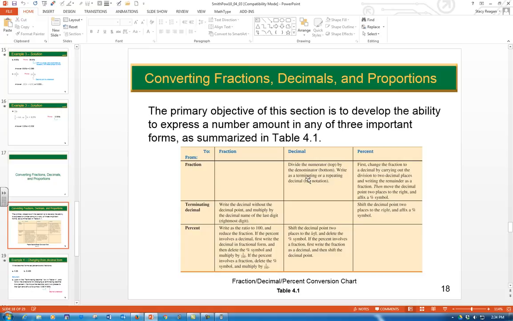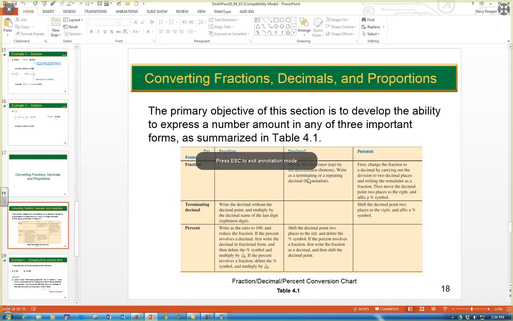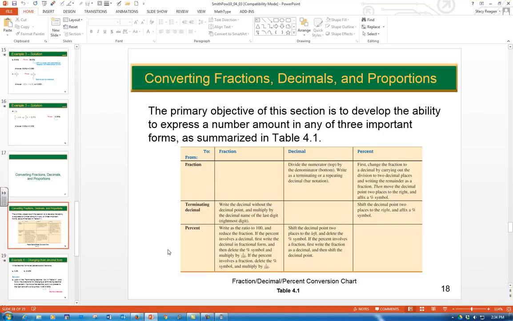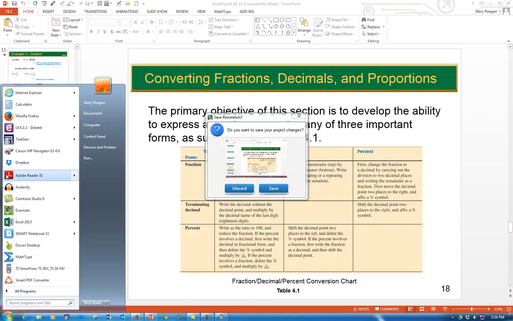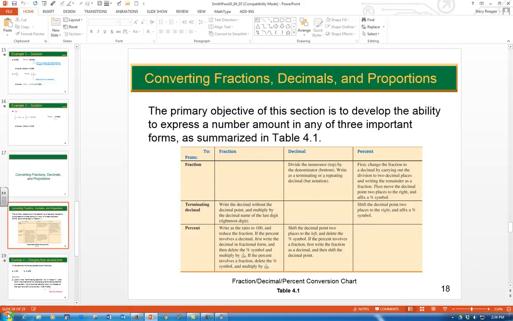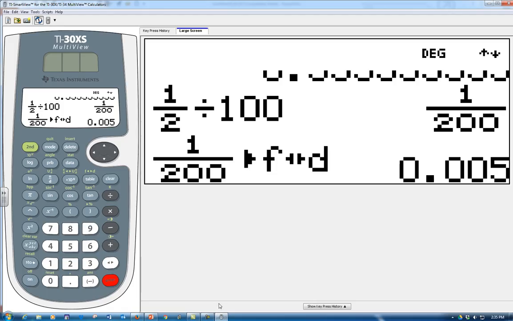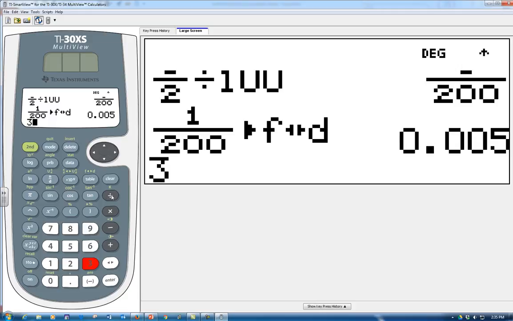So let's take a look at that. So if we had 3/20, we would take our calculator if we wanted to change it to a decimal, and we would do 3 divided by 20.